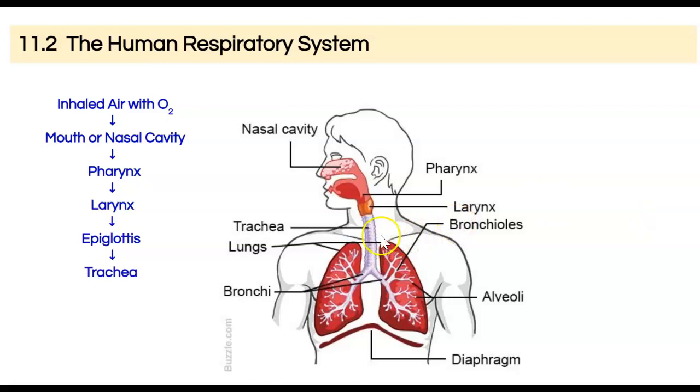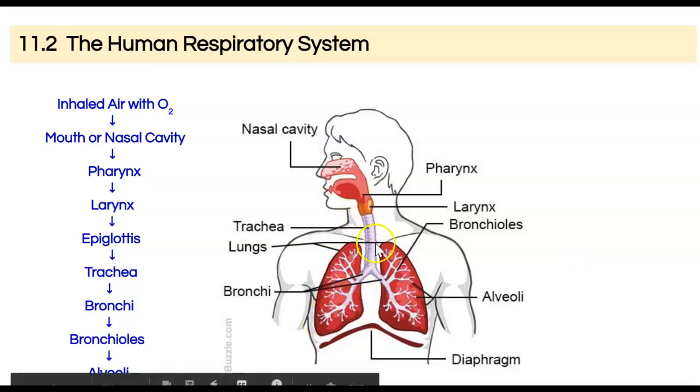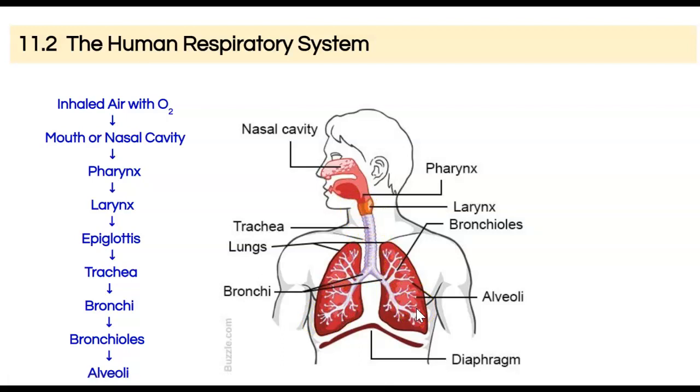And then, of course, the trachea, onto the bronchi, and then onto the bronchioles, and last but not least, the alveoli. So often the human respiratory system is described as an upside down tree of sorts. It's often called the bronchial trunk, in fact.